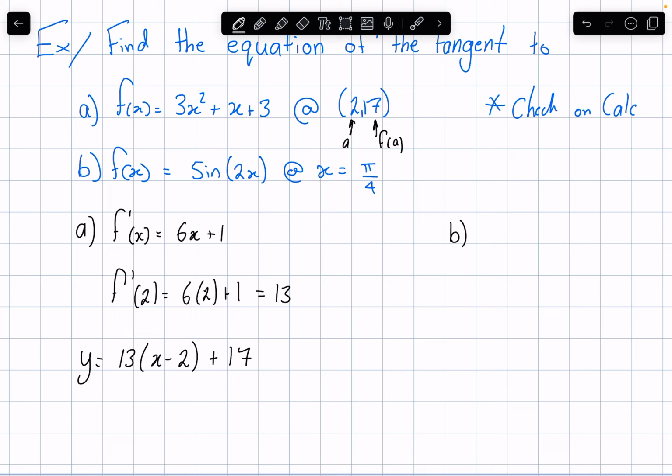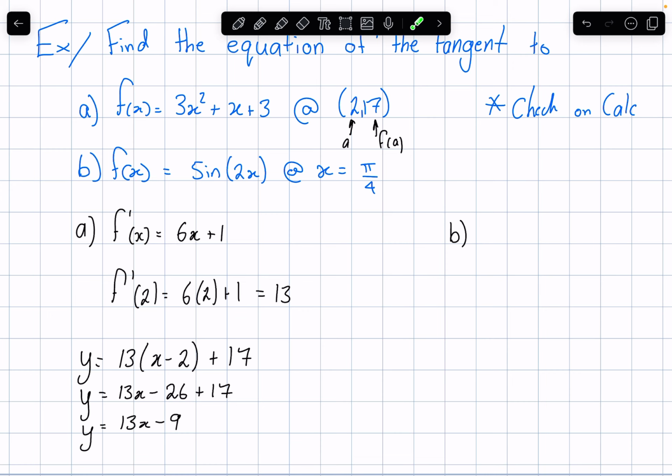We want it in slope intercept form at this stage. So let's expand out that bracket, 13x, take 26, plus 17, and then we just tidy up the numbers. So 13x, take away 9. Now, we could then convert that into general form pretty easily, but this is the way the calculator will also give it out for you.